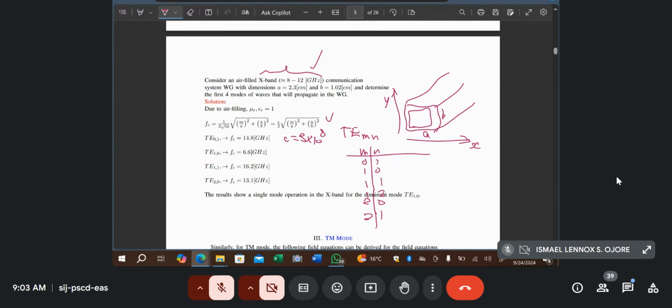Then you divide by that 2 and then get the square root of those values. A is given 2.3, B is given 2.3 centimeters. You remember we have to work in meters. Let's have some answers for TE01.